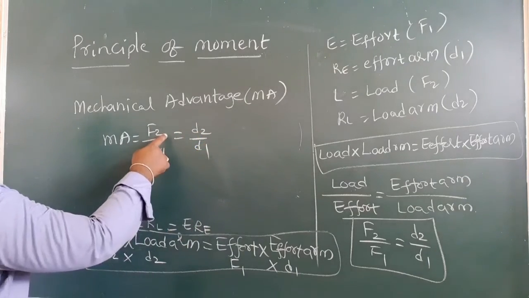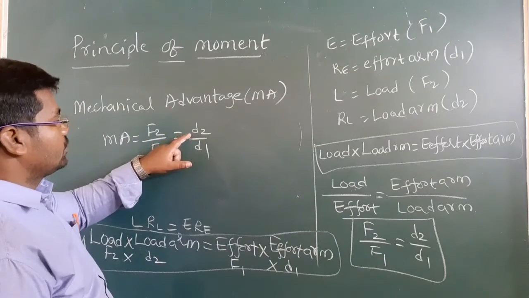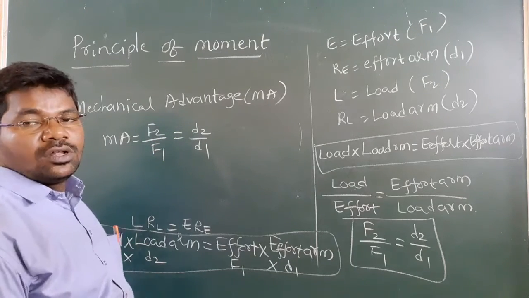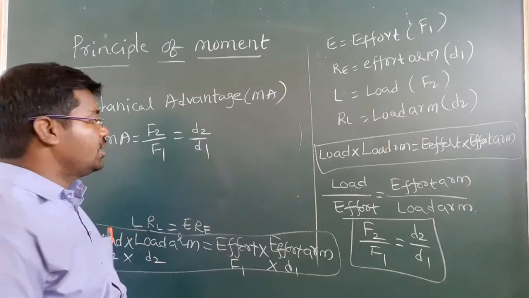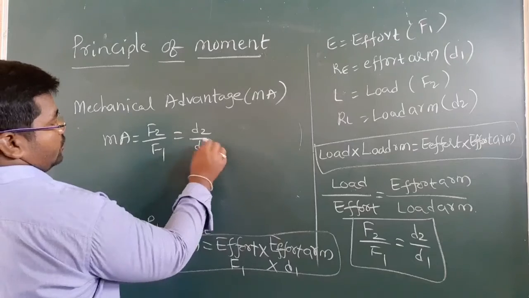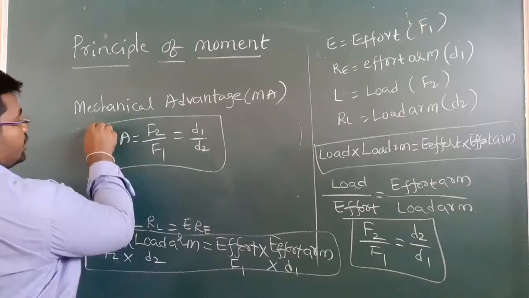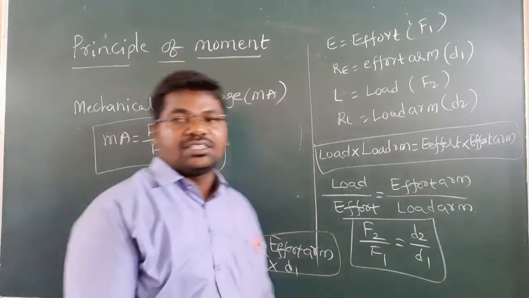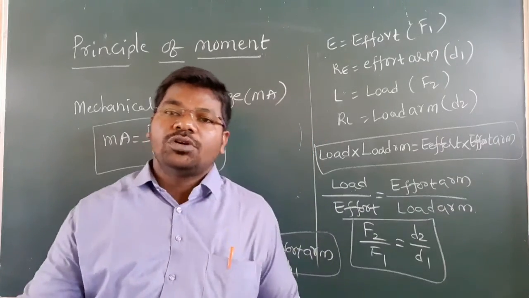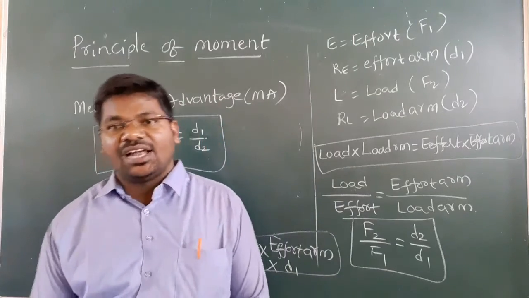Means load by effort is equal to effort arm by effort arm, load arm by effort arm. Here 2, 1. Understand, my children? So mechanical advantage is defined as output value by input value, we can say efficiency of mechanical advantage.